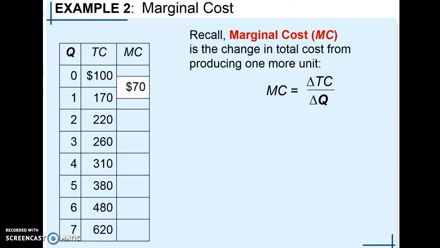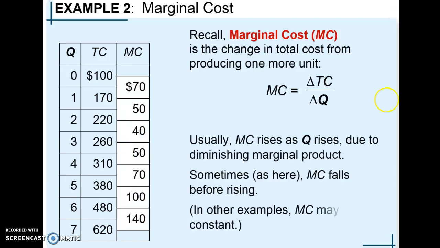Recall that marginal cost is the change in total cost from producing one more unit. So here, your marginal cost from going from 0 to 1 is 70, and then so on and all the way up to 140. Usually marginal cost rises as your quantity rises due to diminishing marginal product.